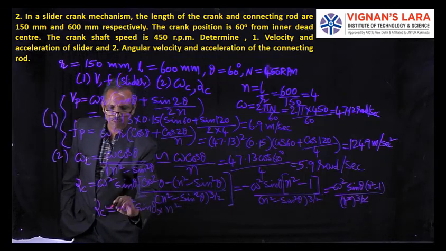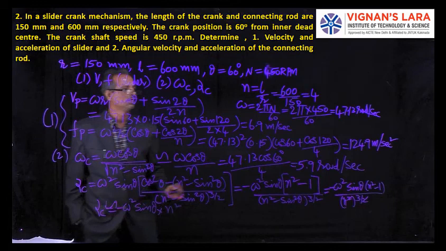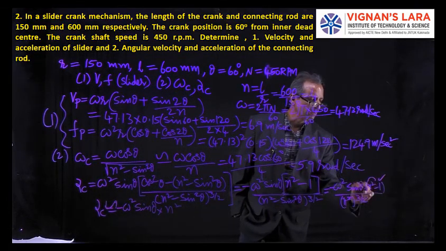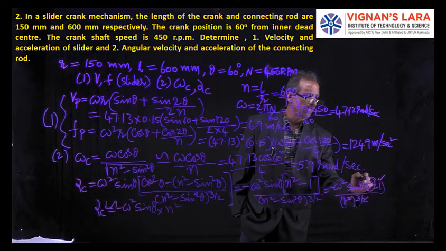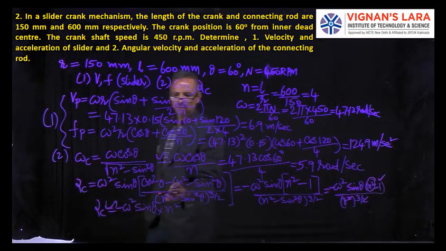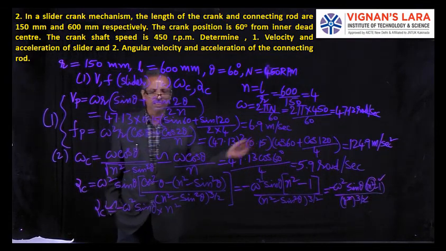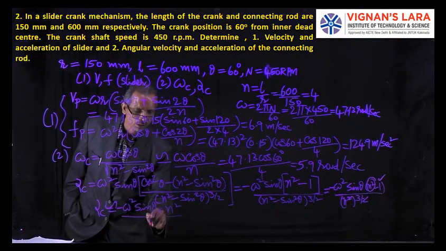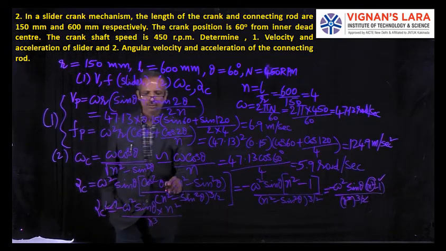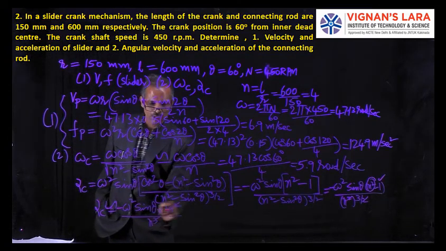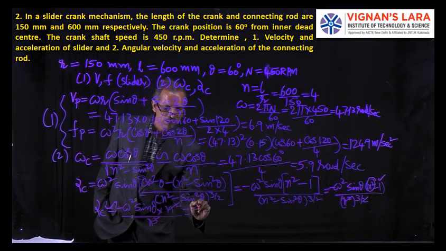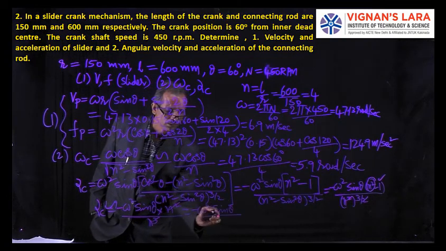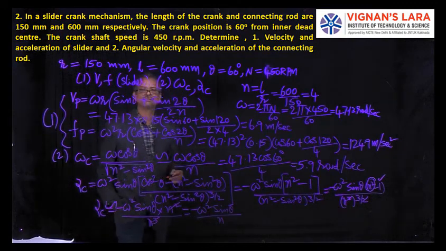This is an approximation because a small value is subtracted from a bigger value, so it will not change the equation much. So with n cube, the n square gets cancelled. This is minus omega square sin theta by n.